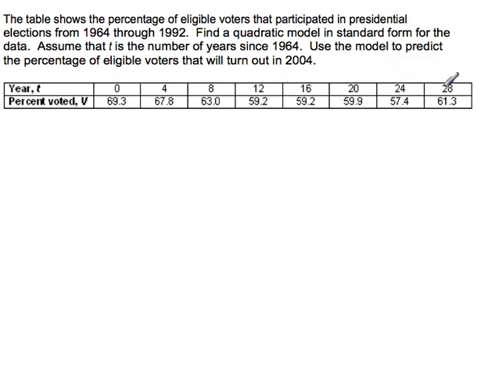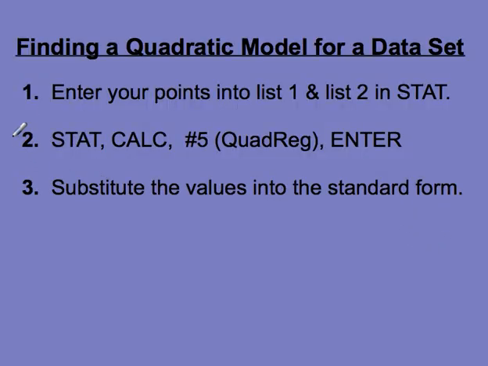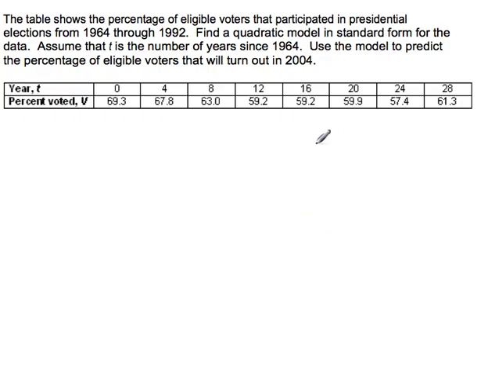If you remember, you go stat, edit, plug those into L1, plug these numbers into L2. And then you're going to go stat, calc, and hit number 5, and then enter. And then the cool thing is, on your screen, it's going to give you values for A, B, and C, and then you write the equation in standard form. And we'll do this together in class.